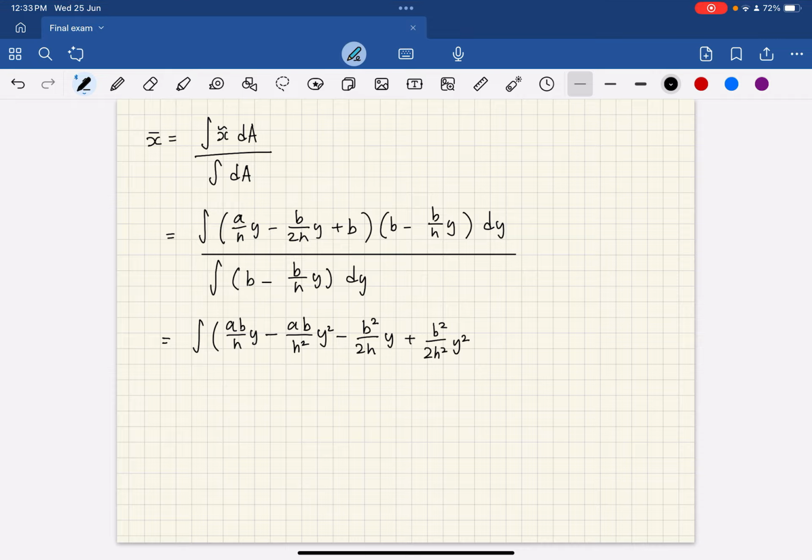Okay, and let's see, negative b plus b squared over 2h squared y squared. Okay, so far it's all right. Then b squared minus b squared over hy, with respect to dy.